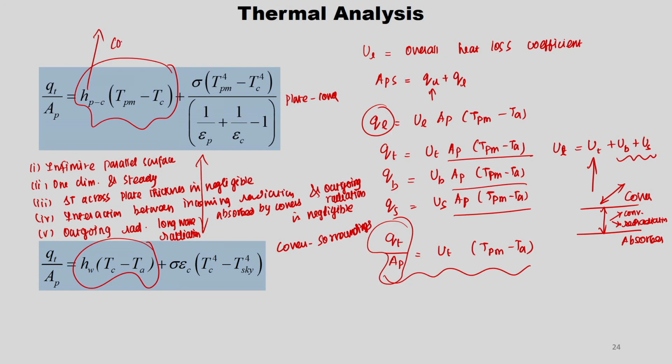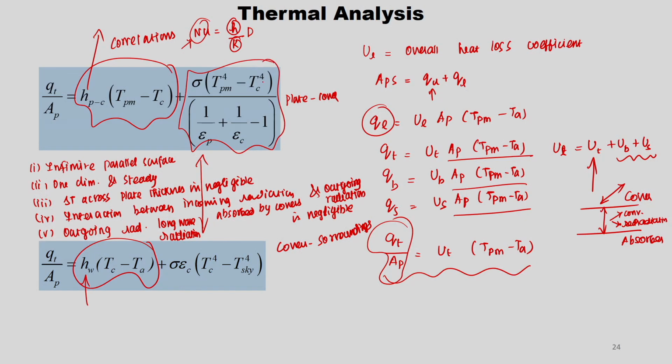This can be obtained using Nusselt number correlations, where Nusselt number is H upon K, the heat transfer coefficient upon thermal conductivity, multiplied by the characteristic dimension of the system. If you know the correlations, you can calculate Nu, and then get H from there. The same way you can use correlations to calculate the air heat transfer coefficient. This involves plate mean temperature minus cover temperature, and cover temperature minus atmosphere temperature. So, this is the convection loss, and here it is the re-radiation loss.